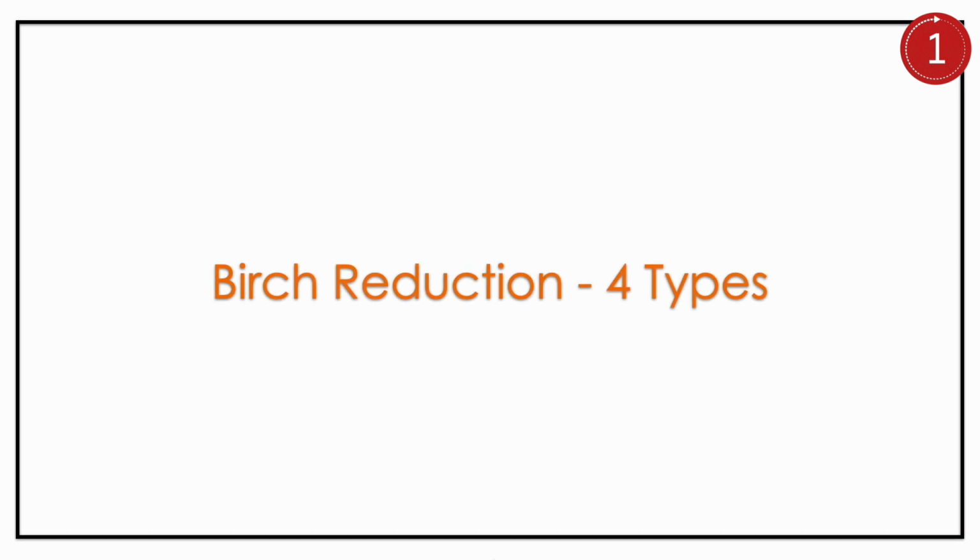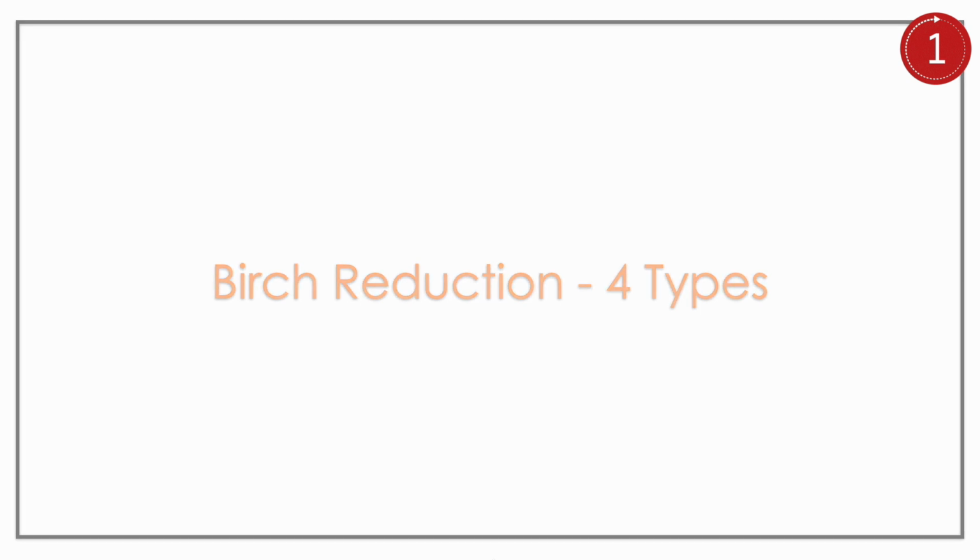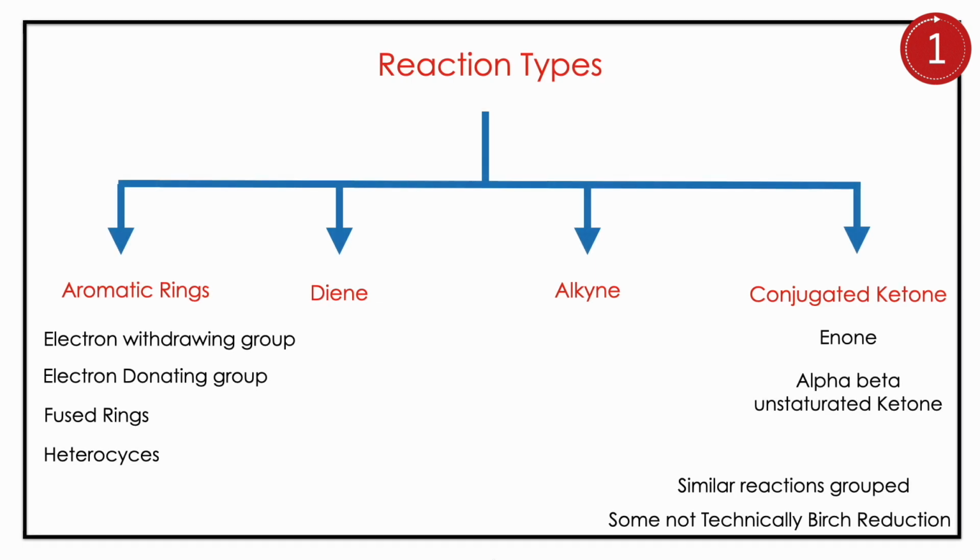Then the very important thing: how you are classifying Birch reduction. It's basically four types of reduction. Here I have given four types. Technically some are not Birch reduction, but you should know the similar reactions to understand advanced synthesis.